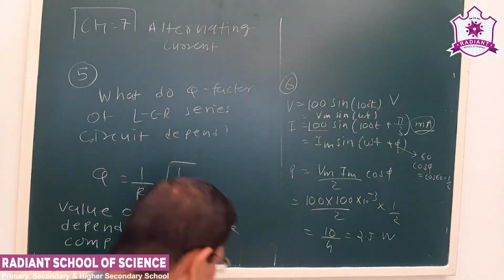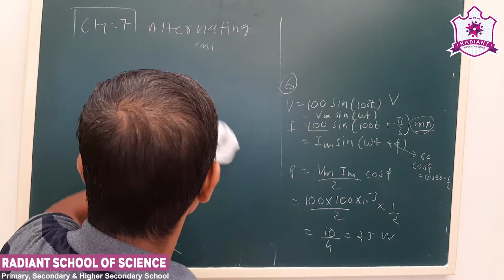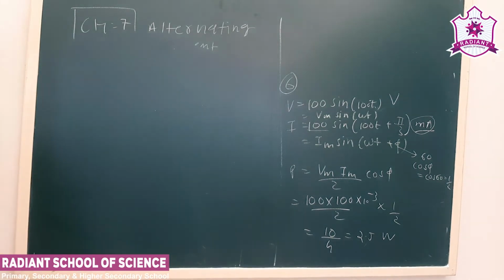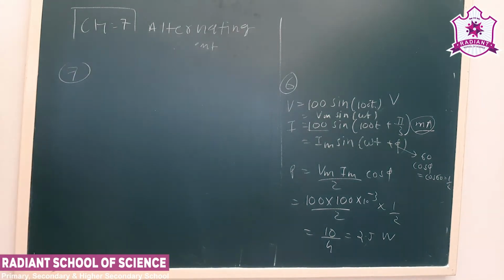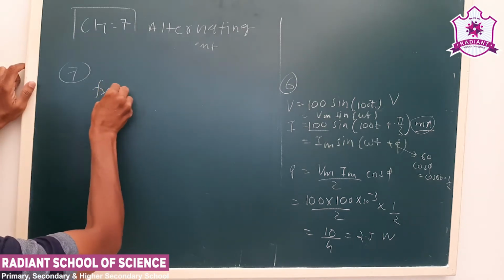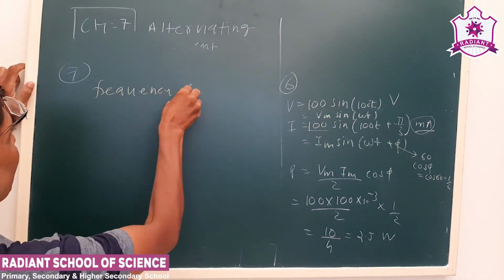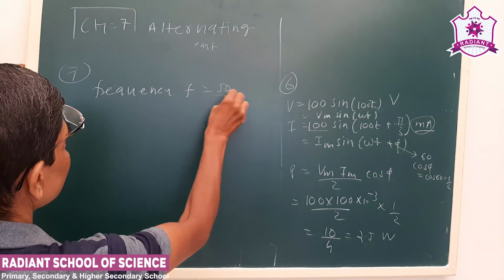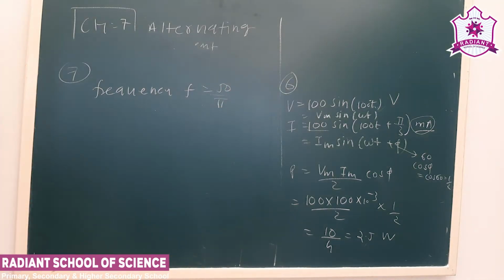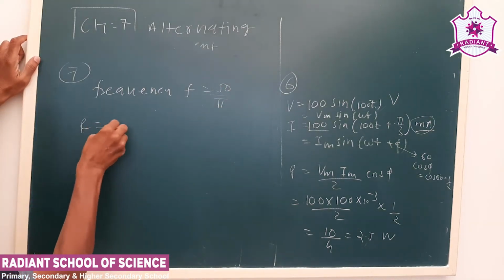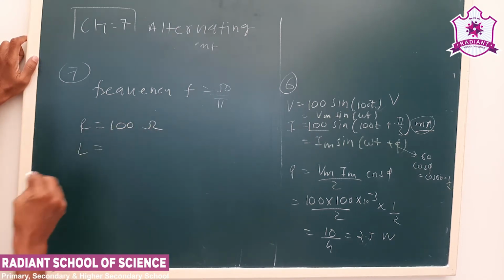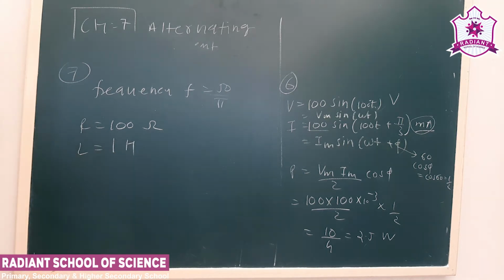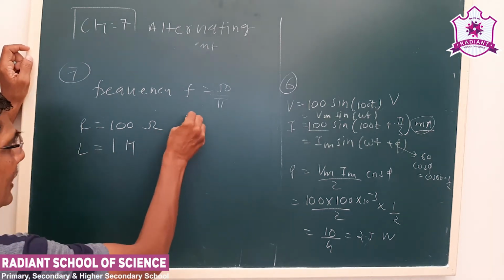Now see our next MCQ. The frequency of an AC circuit is 50 upon pi. The circuit has R equal to 100 ohm, and the inductance is 1 henry. What is the phase difference? Now see, this is an RL circuit.